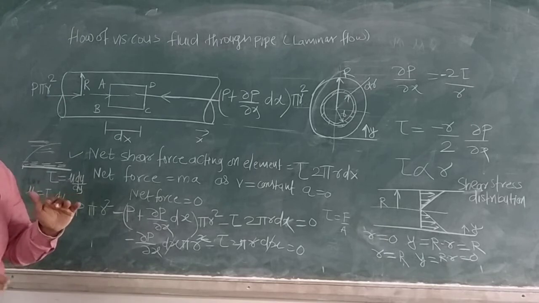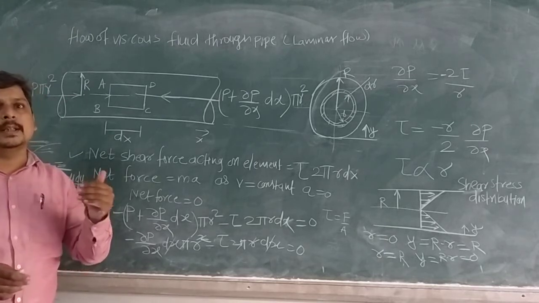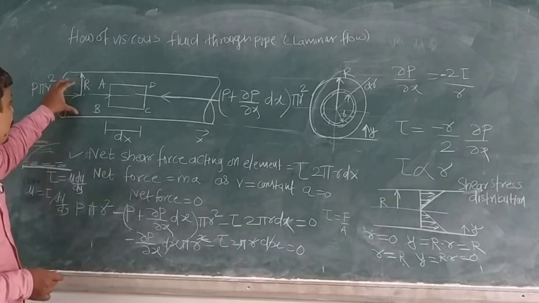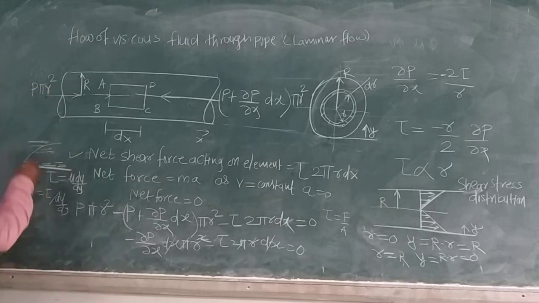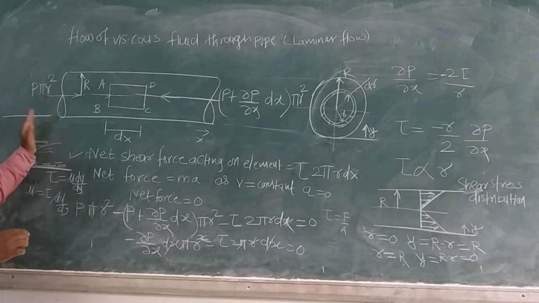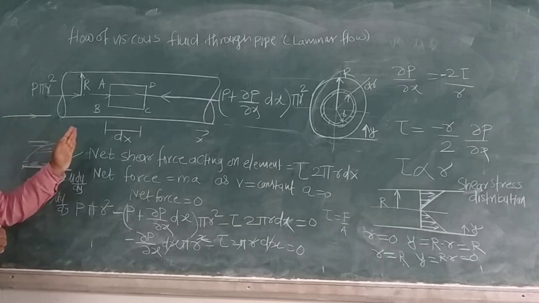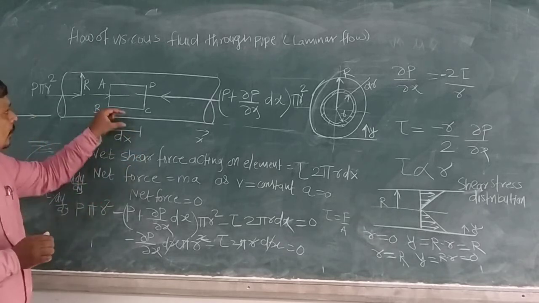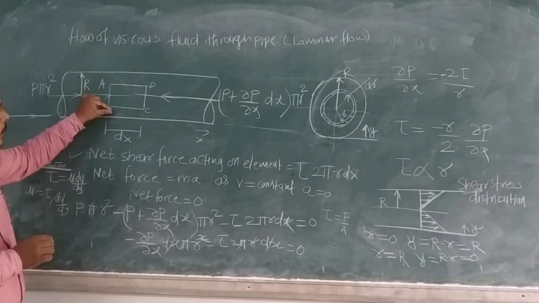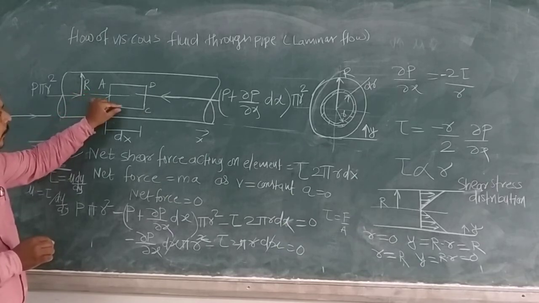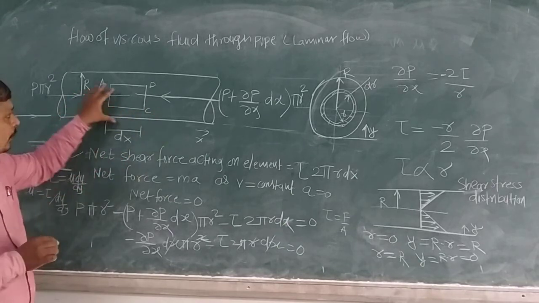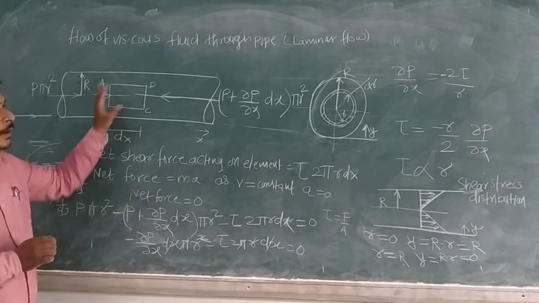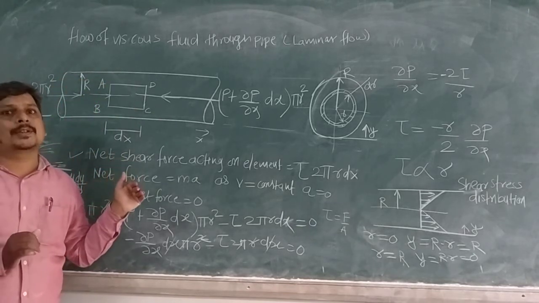Pressure gradient means the change in pressure along x is assumed to be constant. So along x there is no variation in the pressure gradient.